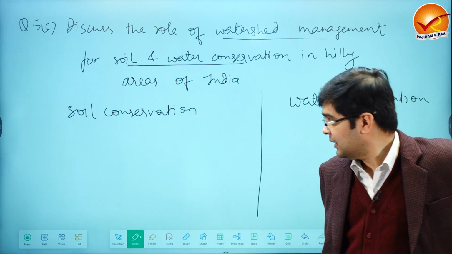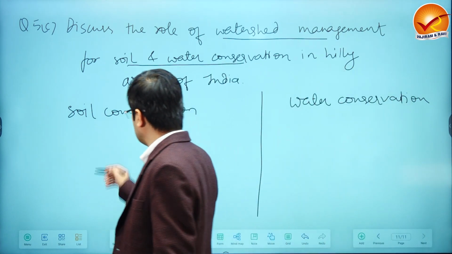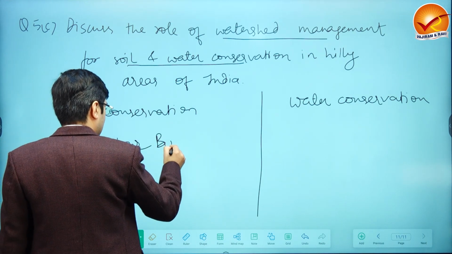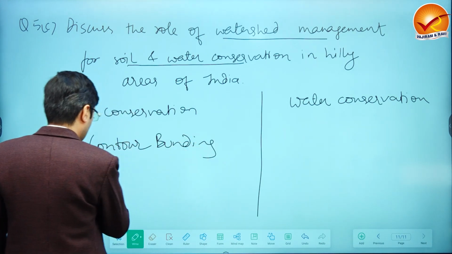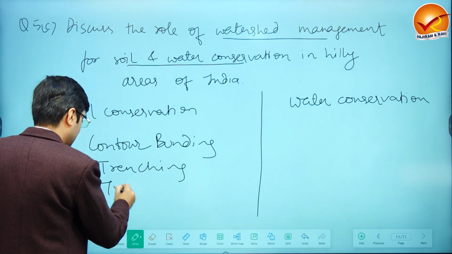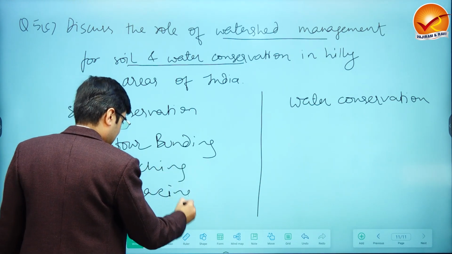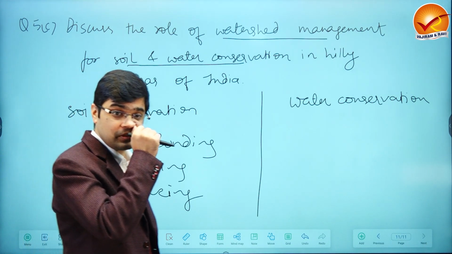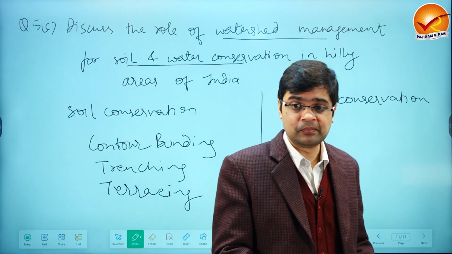So here, in case of soil conservation, you can mention contour banding, trenching, terracing. So you can mention certain systems. We discussed Chal Khal systems, Aji system, you can mention.